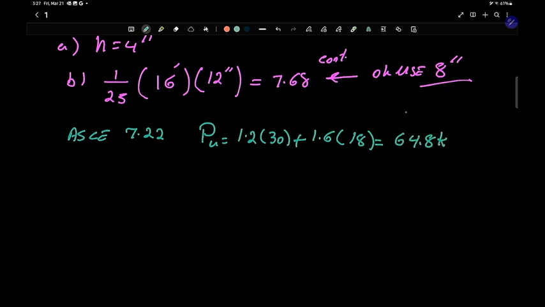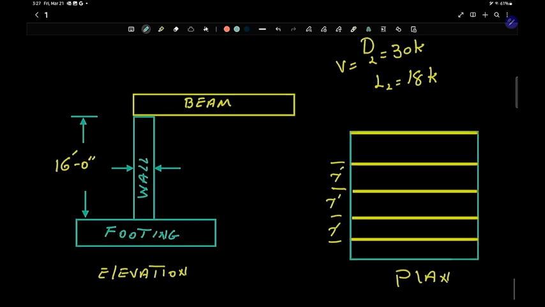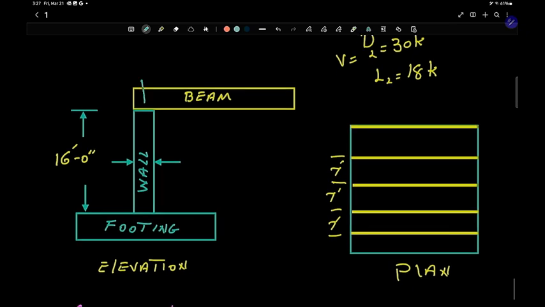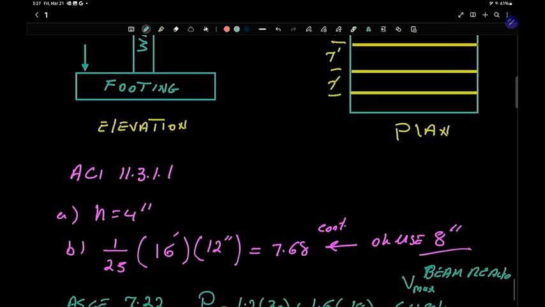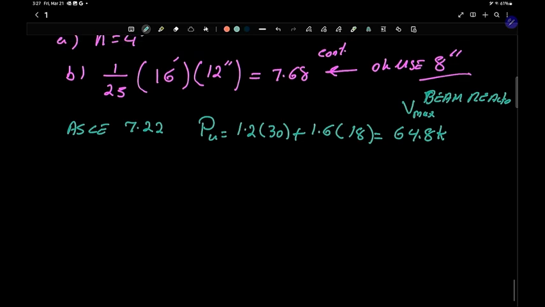This is basically our Vmax, or the beam reaction. If we come back up here, that's the reaction of the beam right here. That's what we found, 64.8, from the beam itself.